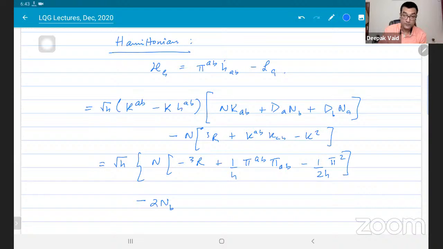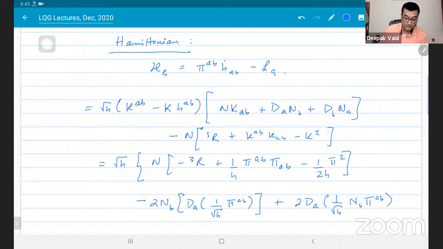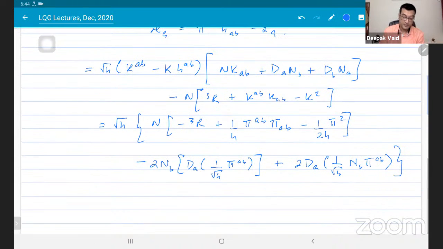Then you get a term proportional to the shift vector field, which looks like this, 1 by square root of h, pi^AB. And finally, you get a total derivative, 2 times d_A of 1 by root h pi^AB. So you can see that it all looks pretty horrendous.